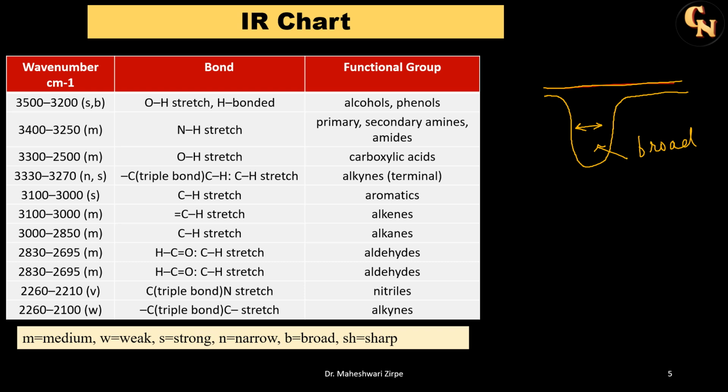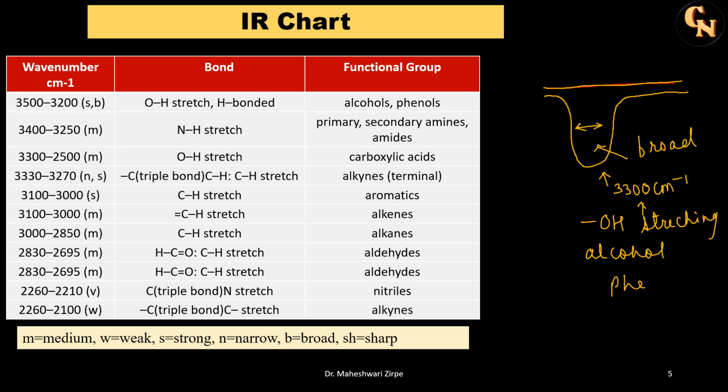So if it is broad and strong, and you find the value to be, suppose, 3300 centimeter inverse in your IR peak, then this will indicate O-H stretching. This value will indicate O-H stretching for an alcohol, because alcohol contains an O-H bond.